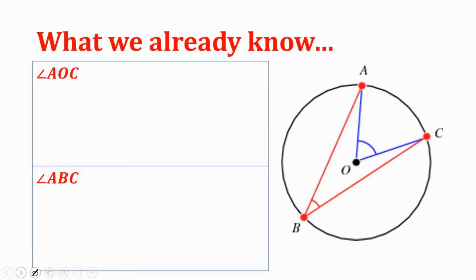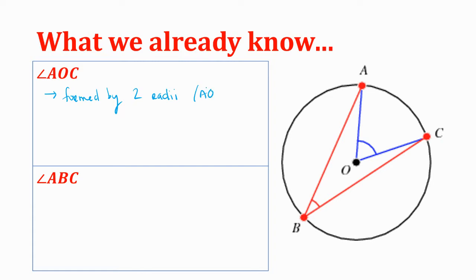Okay, so let's see what we already know. Angle AOC, okay. Let's think about some things we already know. That angle is formed by two radii of this circle, right?